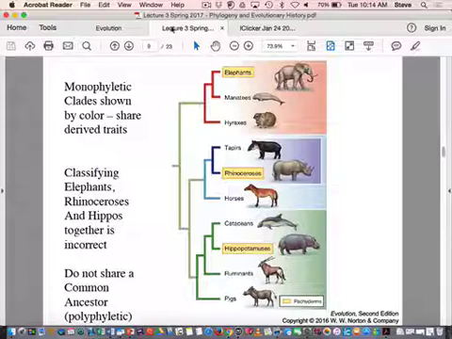What we have represented here, each one of these colors represents what we call clades that include all the taxa that share a more recent common ancestor, called monophyletic clades. So how many monophyletic clades do you see on this tree?